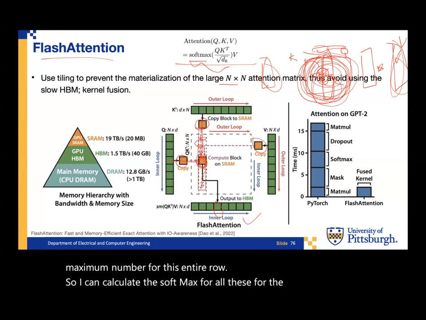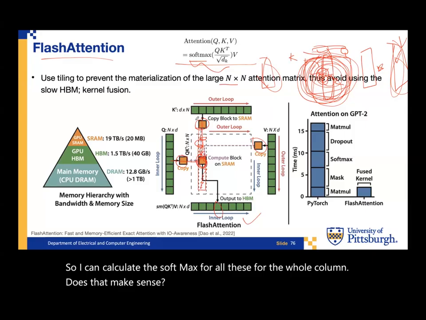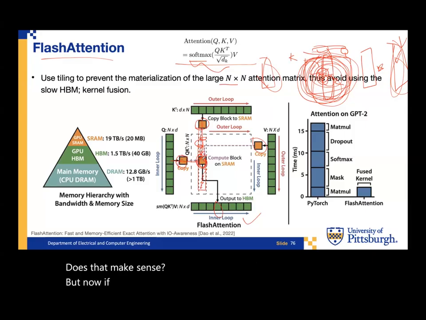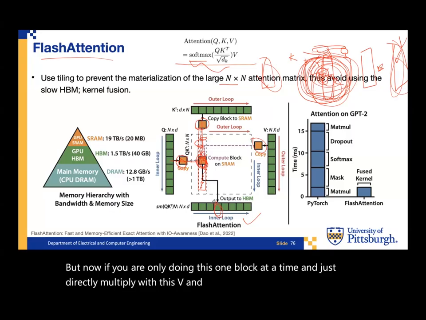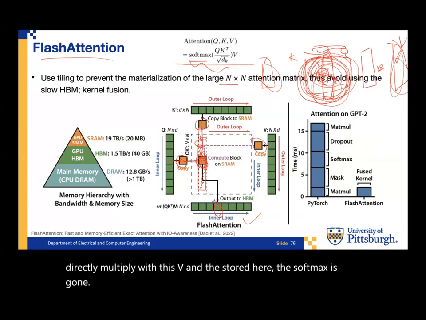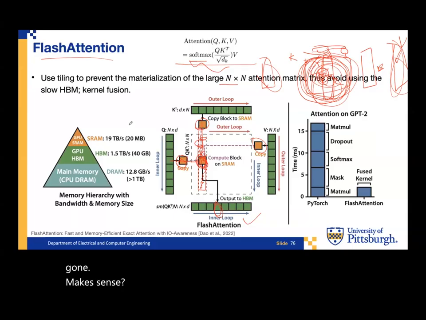But if you are only doing one block at a time and just directly multiply with this V and store it here, the softmax is gone. Make sense?